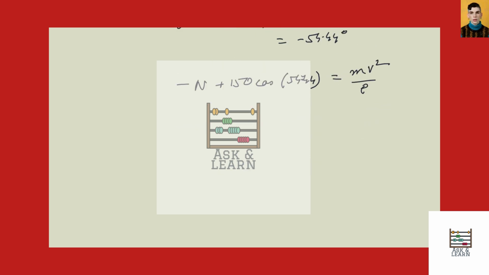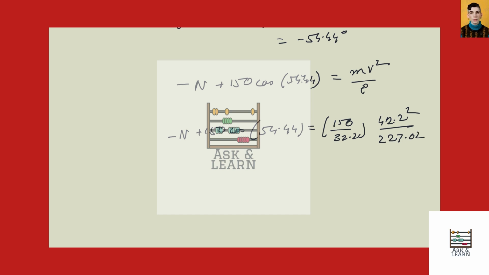So minus N plus 150 cos 54.44 equals 150 over 32.2 times 42.2 squared over 227.024.